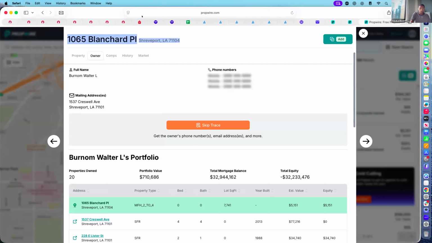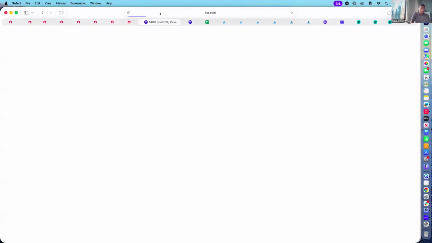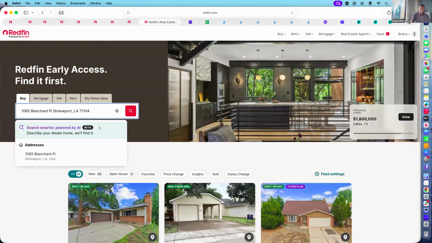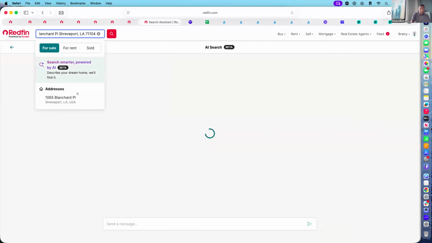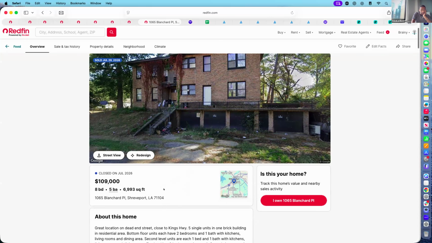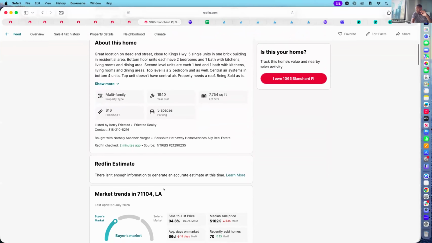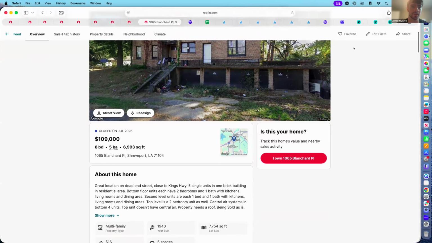See this one real quick. 109 closed in July 2026. I mean, that's crazy. Yeah, that's actually crazy. That must be a full gut.